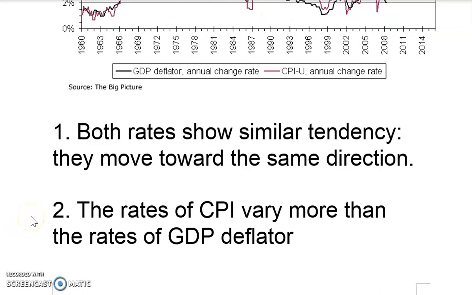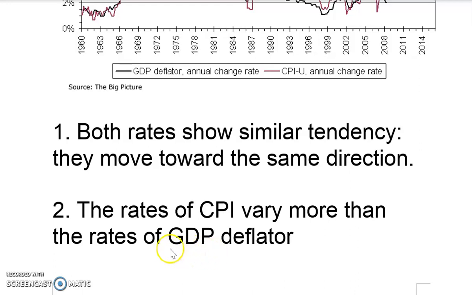The reason for CPI to vary more is because the consumer price index includes food and energy in the basket, and food prices and energy prices usually fluctuate a lot more than other goods. While GDP covers consumption goods, investment, government spending, and export.